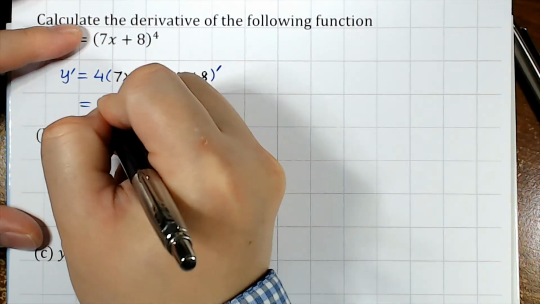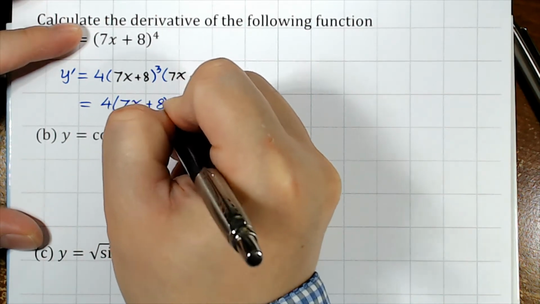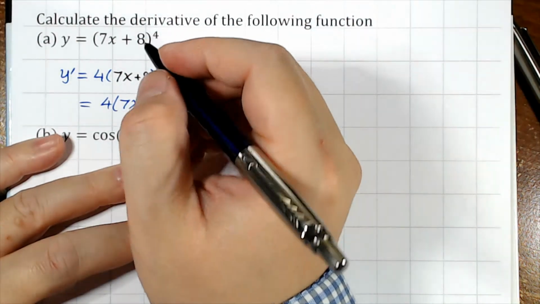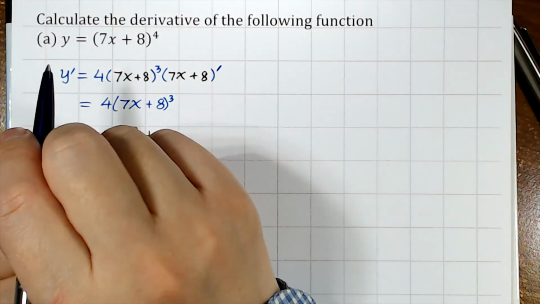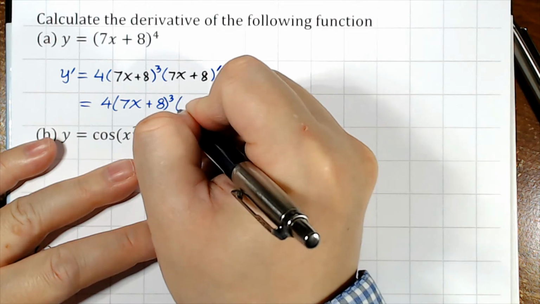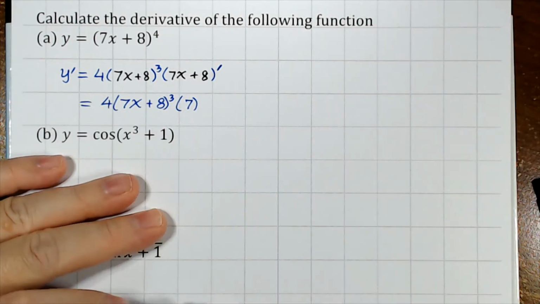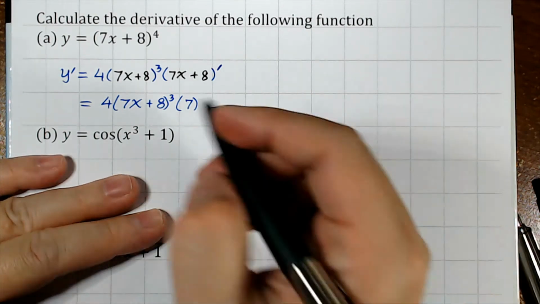We have 4 times (7x plus 8) cubed, and then the derivative of 7x plus 8 is going to be 7.